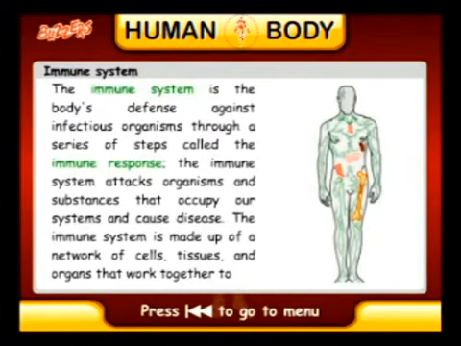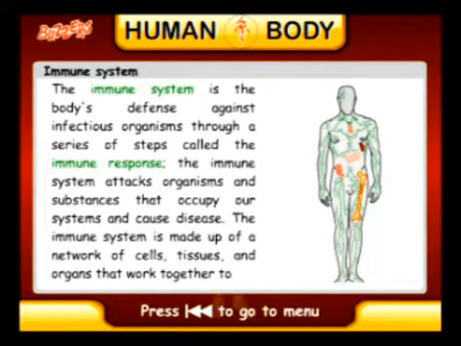Immune system. The immune system is the body's defense against infectious organisms through a series of steps called the immune response. The immune system attacks organisms and substances that occupy our systems and cause disease.